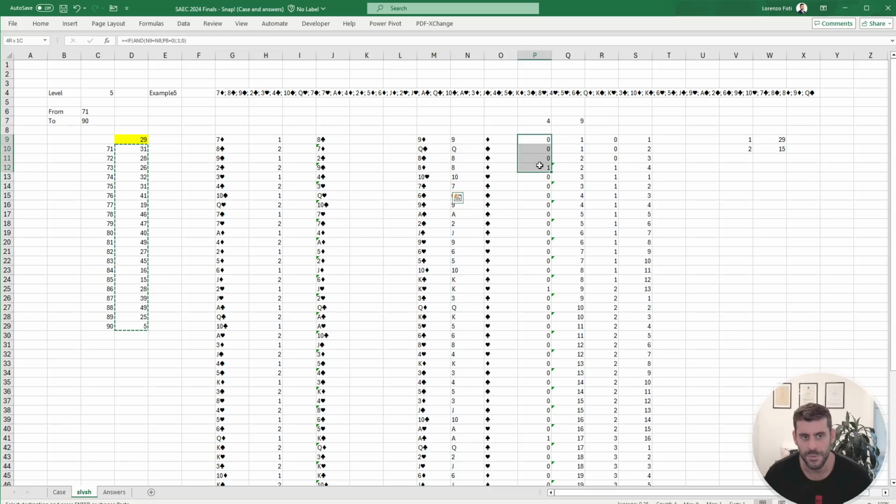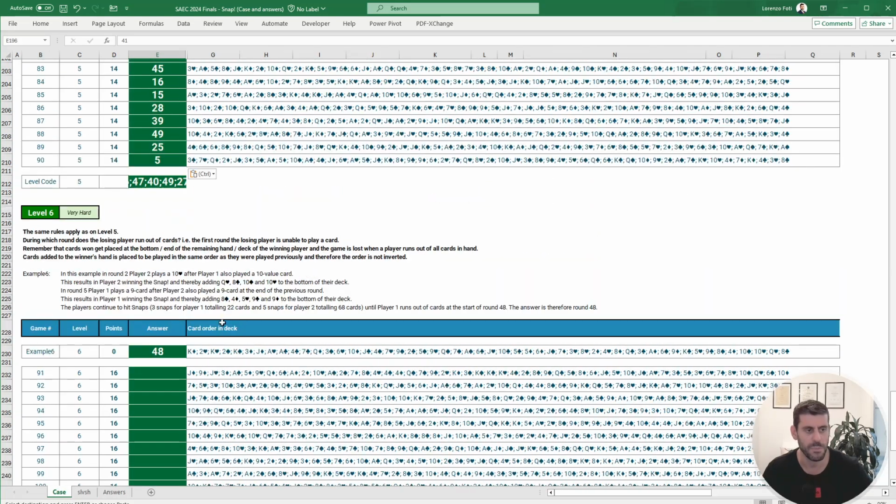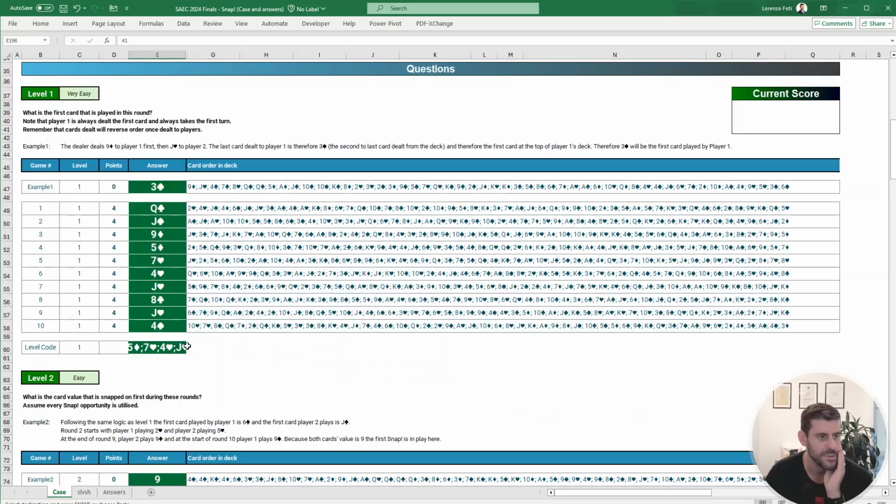I need to look for the first one, exclude those cards, start from the new position in the deck and push those cards below but assigned to another player. That might be doable, but let me go for the bonus question first.